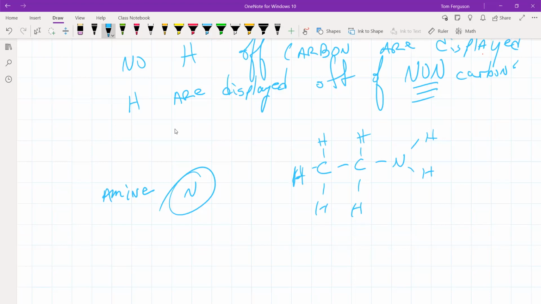So we start here and go 1. Okay, that represents 2 carbons, beginning and end, no kinks. Then we have a nitrogen coming off of there. That would be what that would look like.